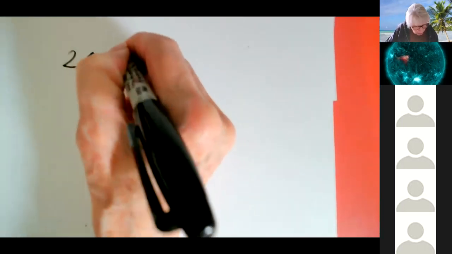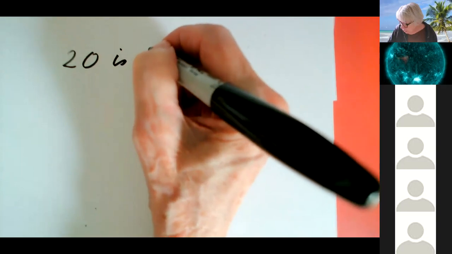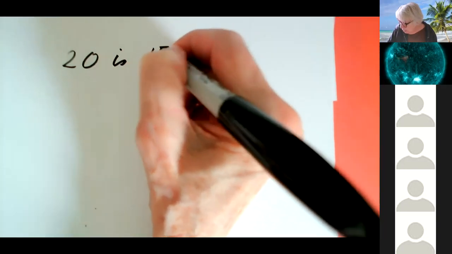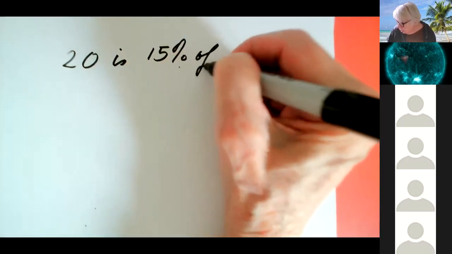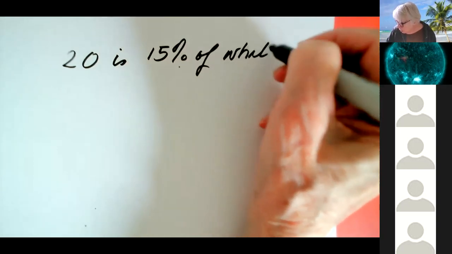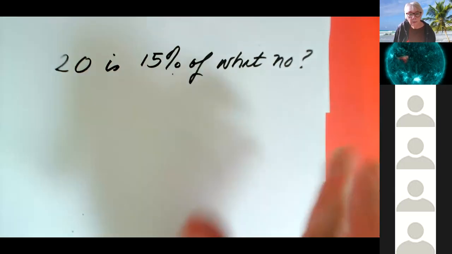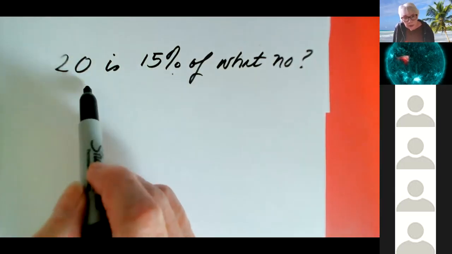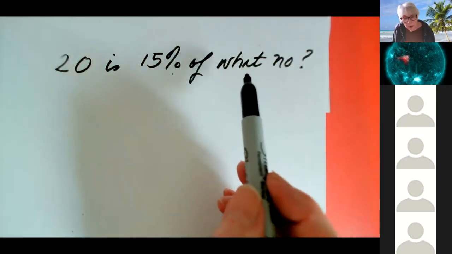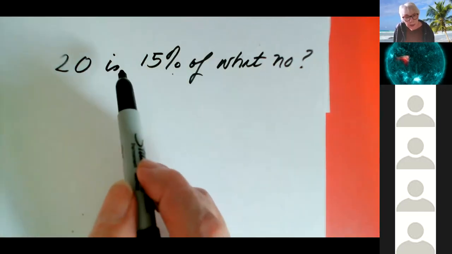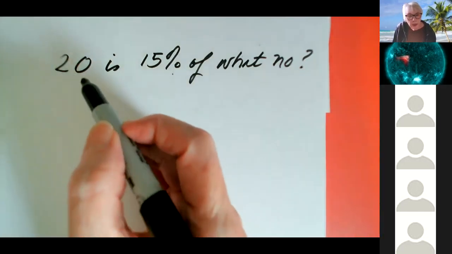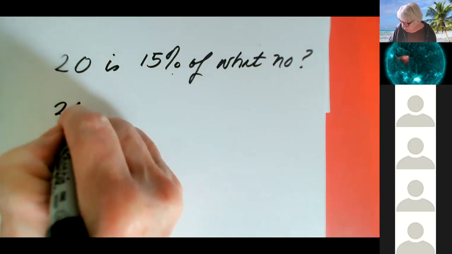20 is 15% of what number? Okay. This is a basic problem. It's not a word problem. We're going to translate it into something we can do. 20 is 20.